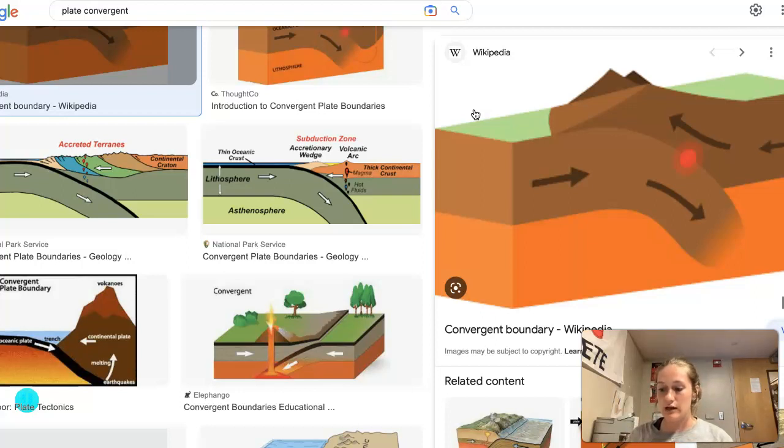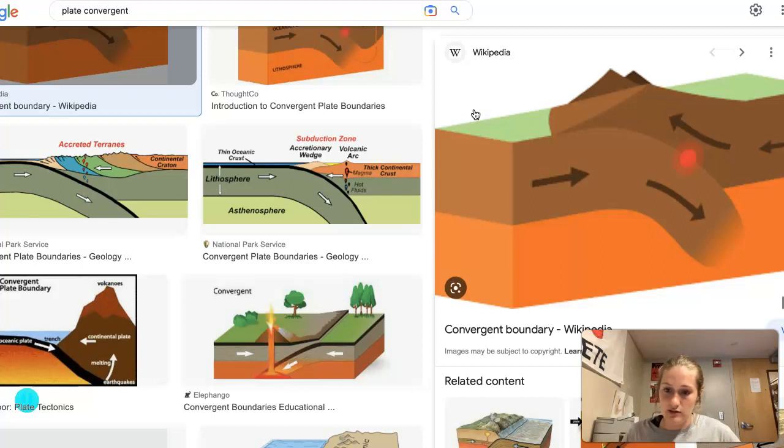There's oceanic, there's continental, and then there's oceanic-continental. And you can probably tell by the name of the different types. Oceanic occurs with two plates that are in the ocean or underwater. Continental is with two plates that are on Earth or above water.